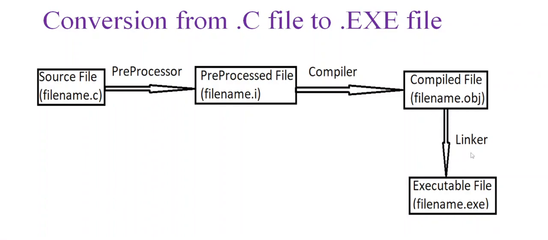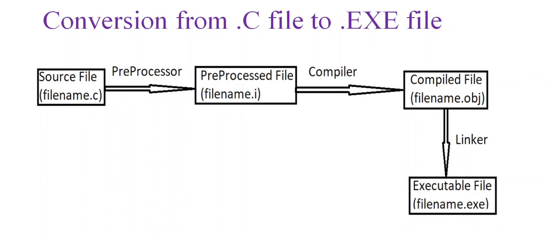After compilation, we do what is called linking of the code which you have included, say in .h files. That will be included, and everything put together is called the exe file. So the obj file is the true translation of the source file.